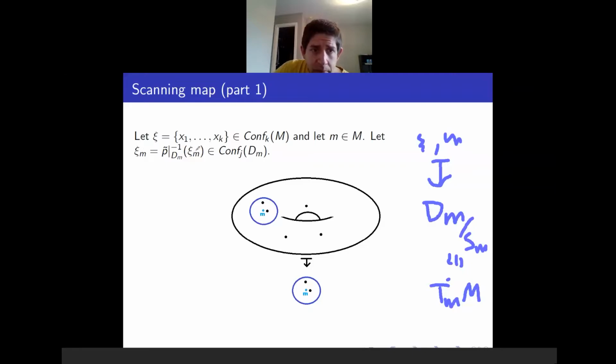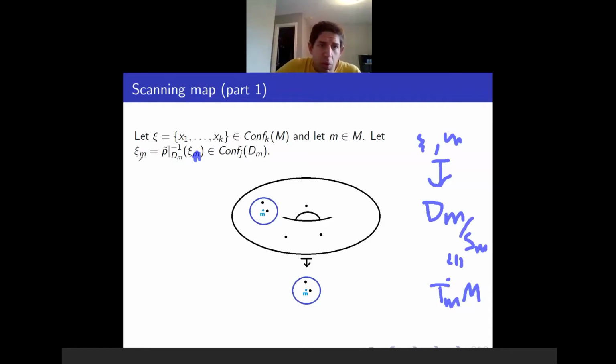the inverse image of P tilde applied to, I guess, that M is a typo.